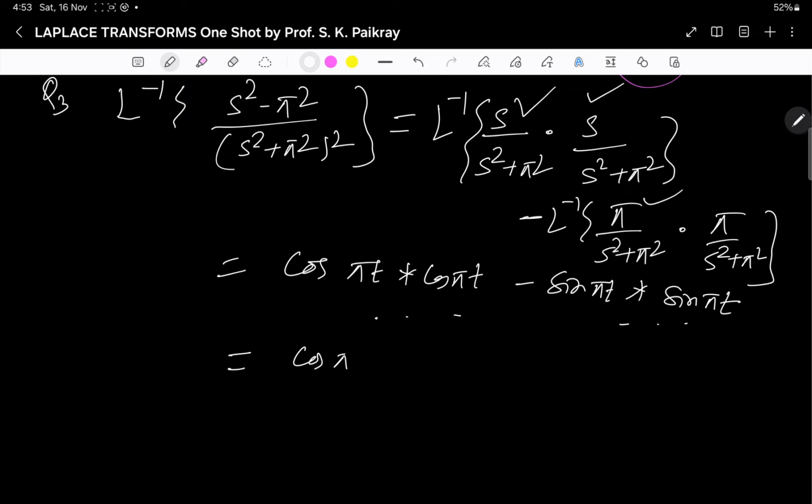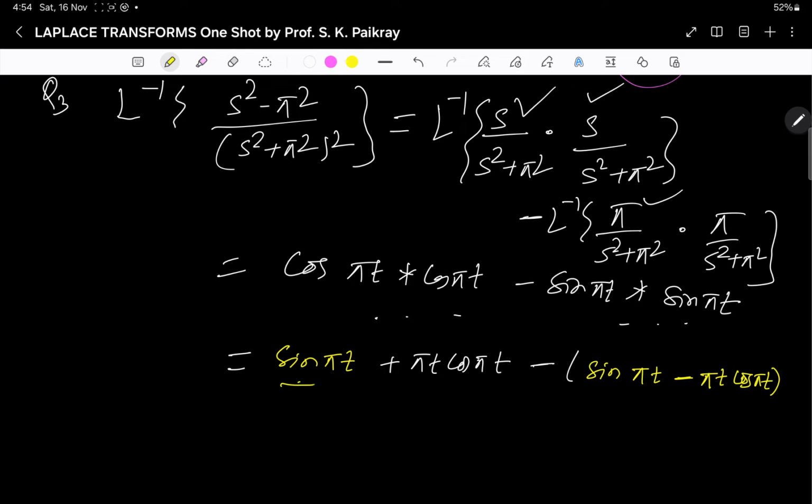It is sin omega t plus omega t cos omega t, divided by 2 omega, where omega is pi here. Now the sin pi t terms cancel.